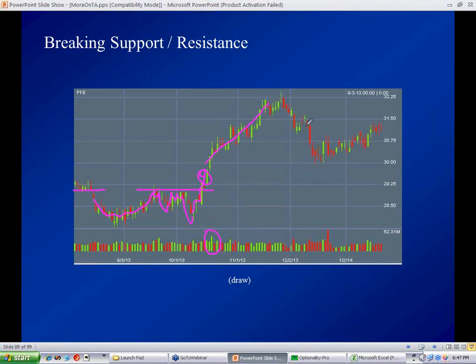Now, breaking support is the exact opposite. Right here you've got support. The line I just drew is your top resistance now, but that's your support line. How do I know that? Because it goes bounce, bounce, bounce, bounce, bounce, bounce. All of a sudden, boom, it crashes through.